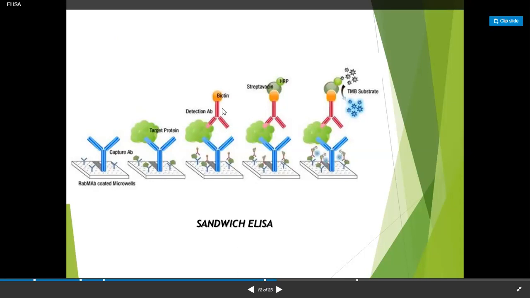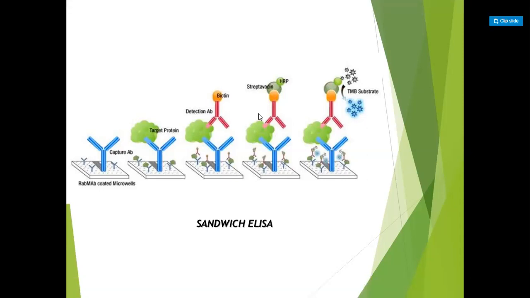When a particular kind of HIV conjugate binds, and after binding to this HIV conjugate and a substrate, it will give a color which will indicate that the reaction is positive.